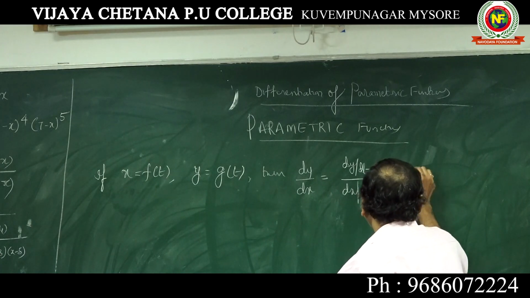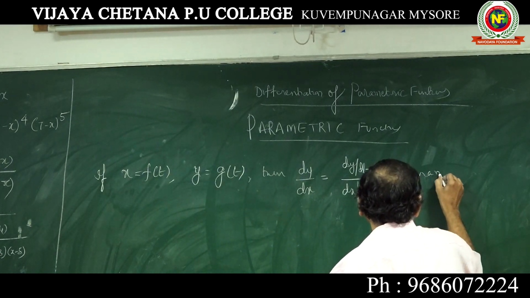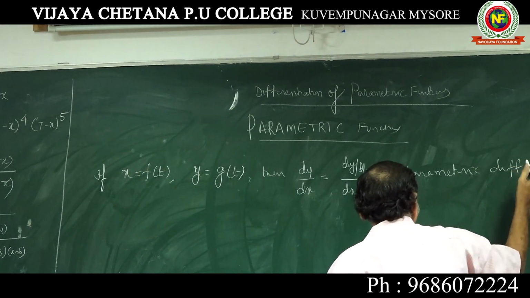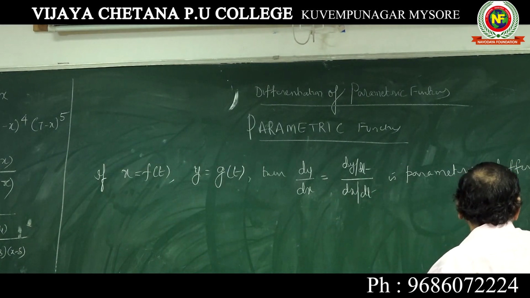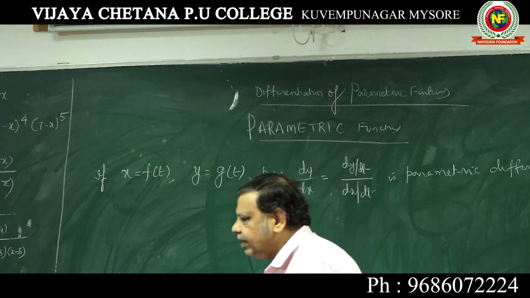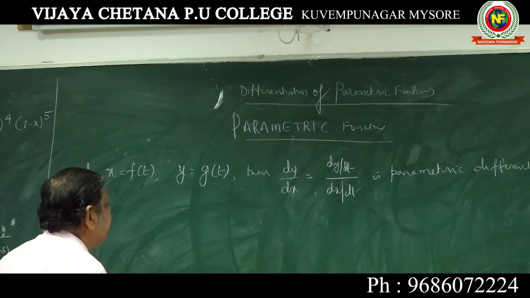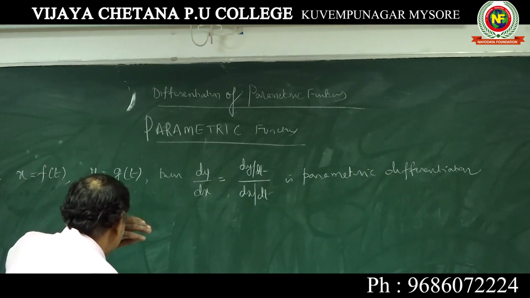This is parametric differentiation. If x equal to f of t, y is equal to g of t, then dy by dx is equal to dy by dt by dx by dt.